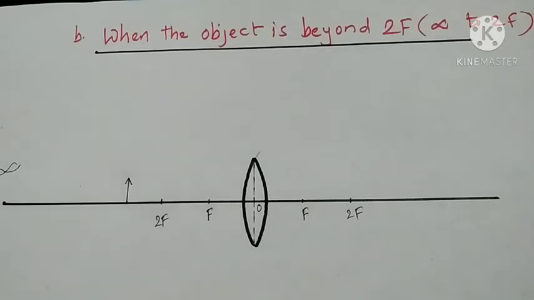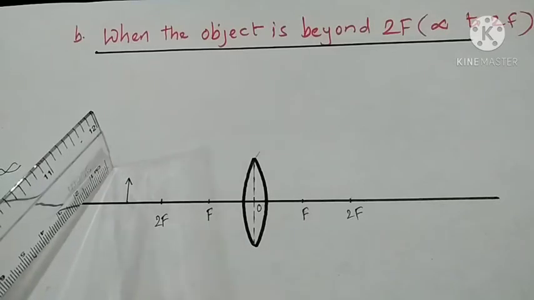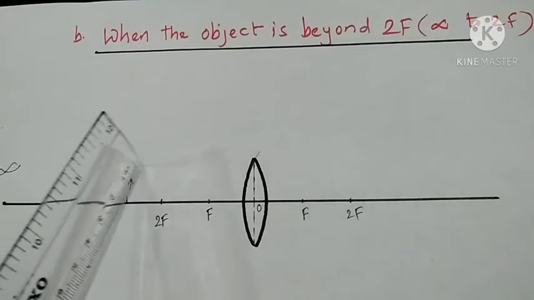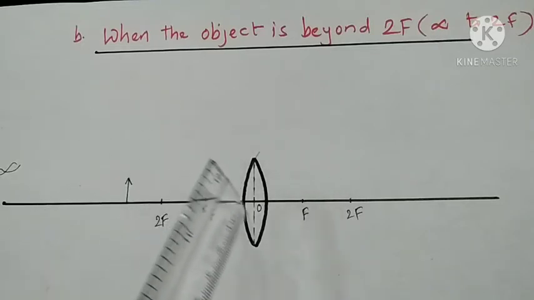Let's take a couple of rays emerging from this point on the object, the head of the object. One goes parallel to principal axis, next goes through optical center.